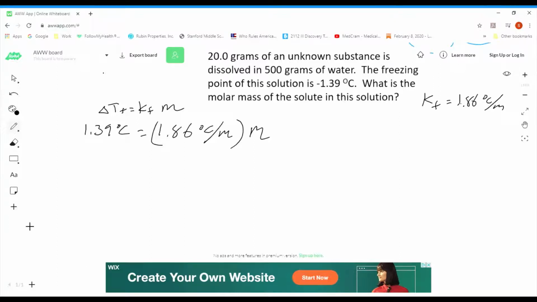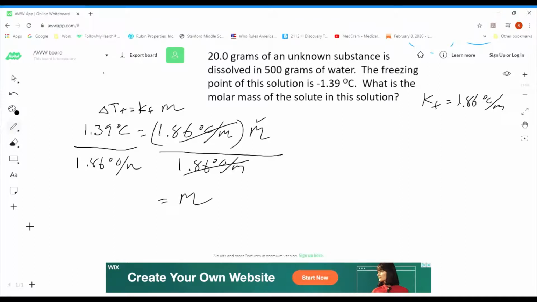Now once we have that, let's get the molality by itself. We're going to solve for molality, which means we need to get it by itself. Divide both sides by 1.86 degrees Celsius per molal. Now these cancel, leaving us with a molality of 1.39 divided by 1.86, which gives me 0.747.